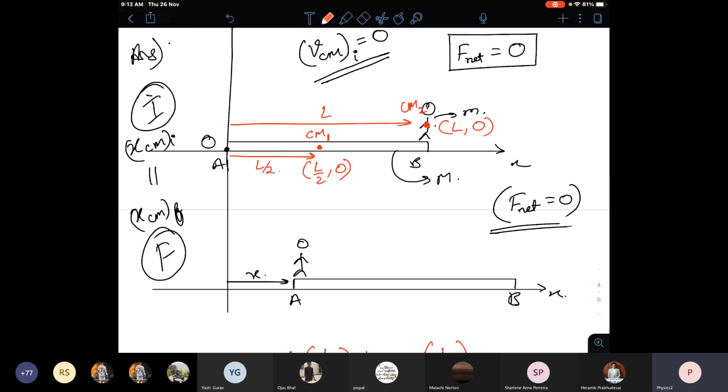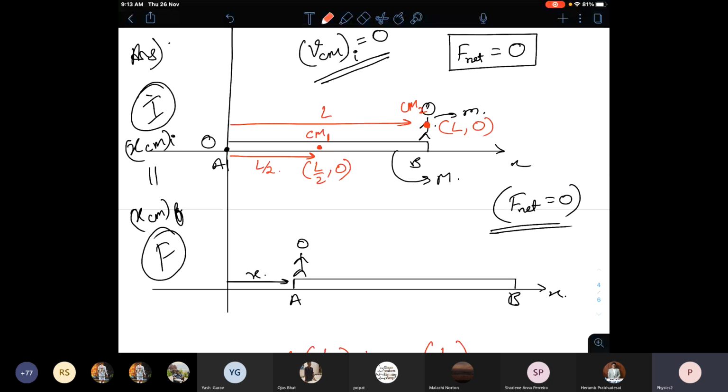Now what about the second mass? That is the man. The man's center of mass will be on himself only, his center of body, somewhere here. I am not interested in the exact location, but still it will be somewhere on the body.